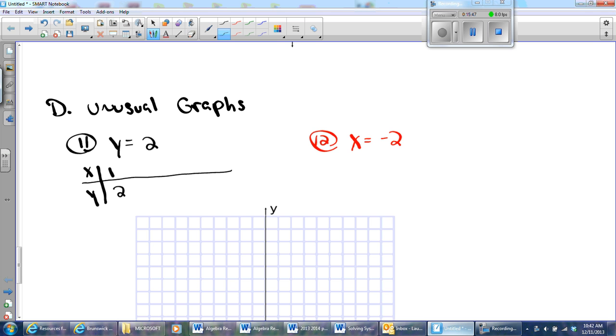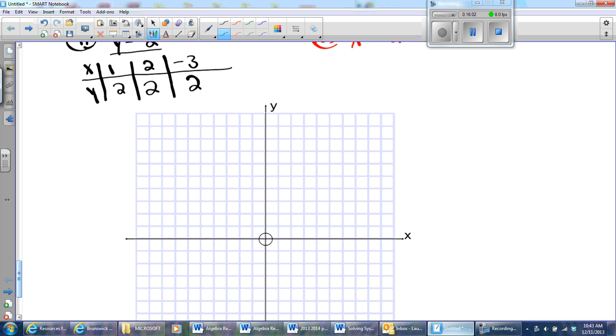How do I know that? The equation said so. Pick another X. 2. What's Y? Well, it's also 2. How do I know? Y equals 2. All right, let's pick -3. What's Y? It's 2. I can just spot those points. I've got 1, 2. I've got 2, 2. And I've got -3, 2, which I think would be there. And we just end up getting a horizontal line.